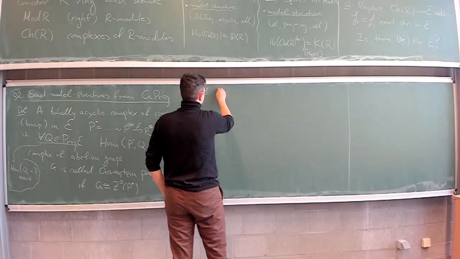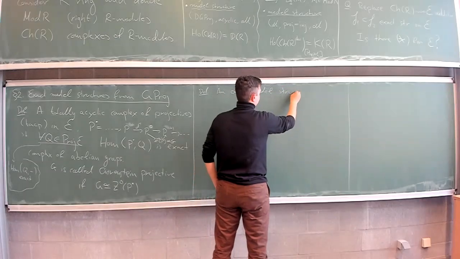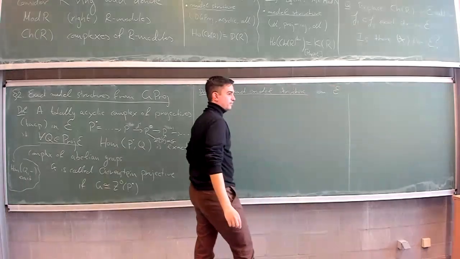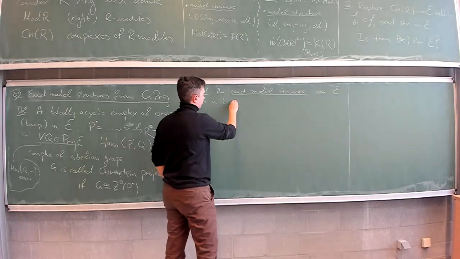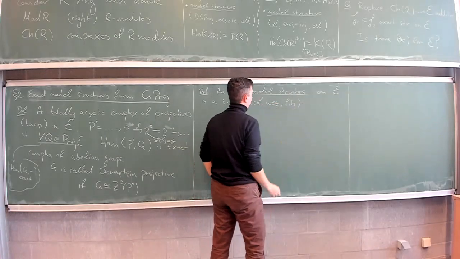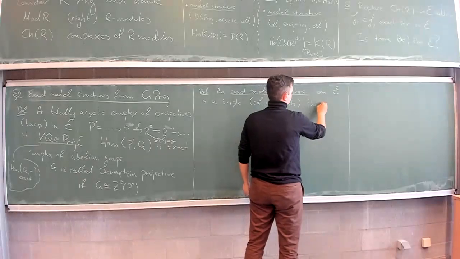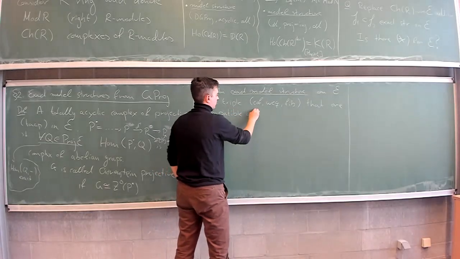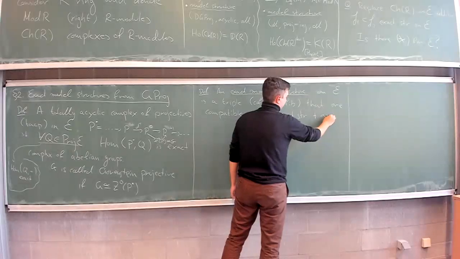So an exact model structure on an additive category, on an exact category E, is a triple of classes of morphisms, which we're going to call cofibrations, weak equivalences, and fibrations, that are compatible with the exact structure, and they satisfy some axioms.